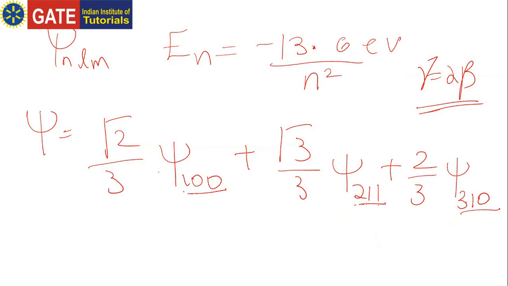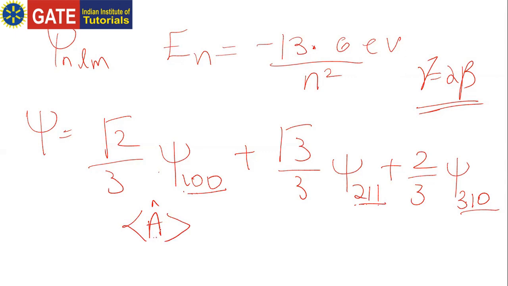In this Heisenberg equation of motion, why is the expectation of dou A by dou t equal to 0? Actually, we are measuring the average value of the operator.